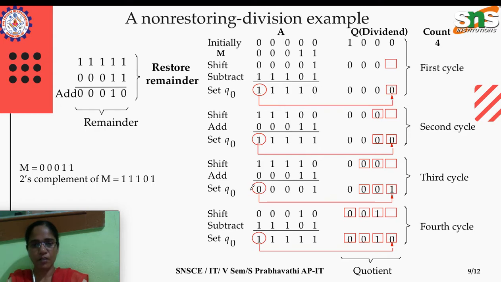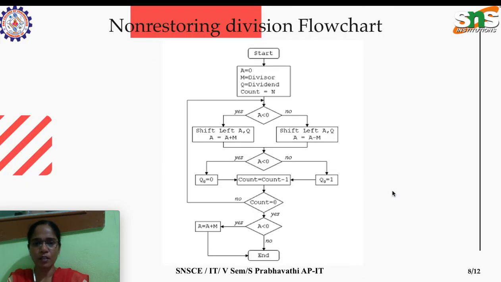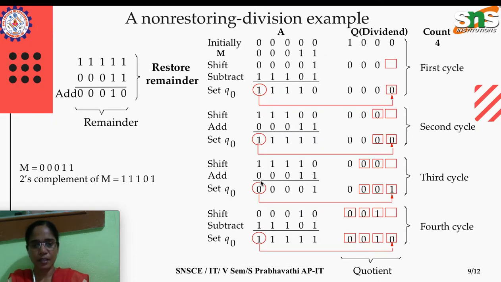After performing addition or subtraction, each and every time you need to check the accumulator's MSB. If the MSB is 0 after addition or subtraction, you put 1 here. Why 1? Since the accumulator is positive, its MSB is 0.